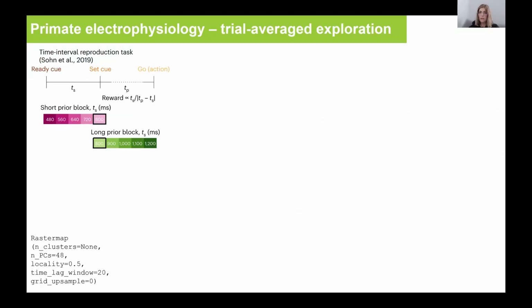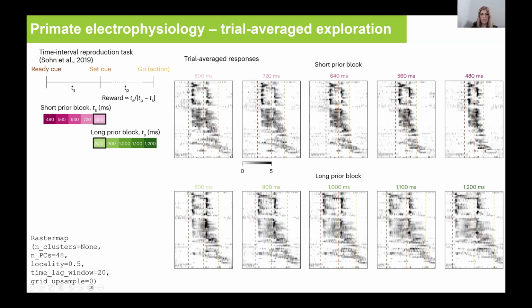You can also use this on trial average data. So this is an example of a task from primates from the Jaizeri lab where the monkeys were trained to reproduce a time interval that they were given. And these are the neurons. This is neurons by time.